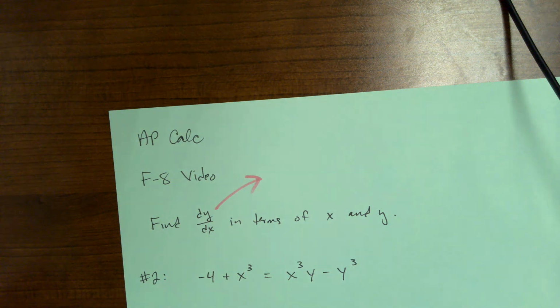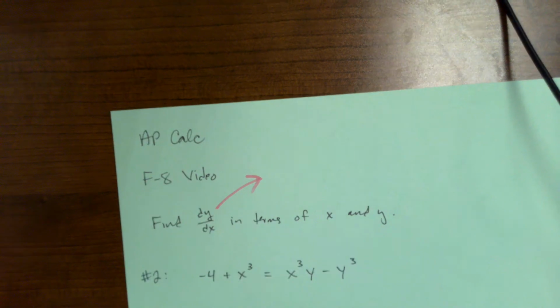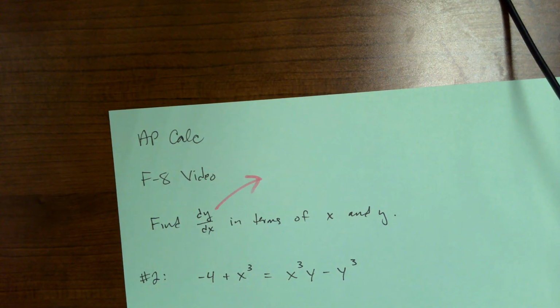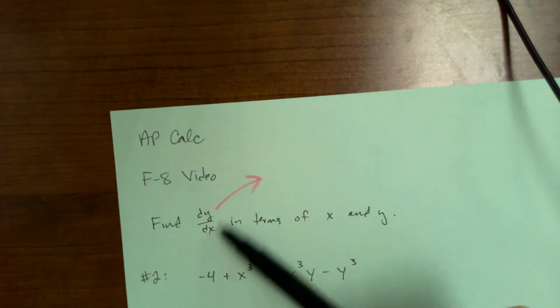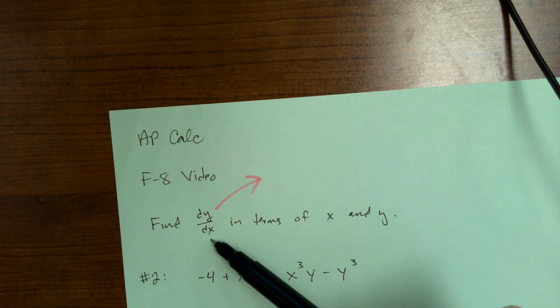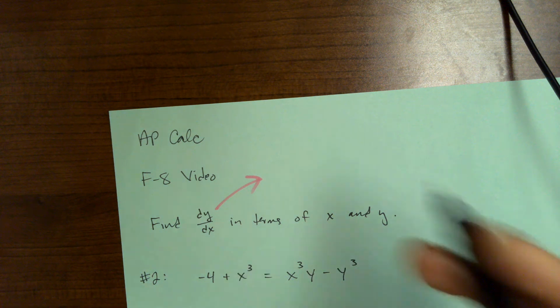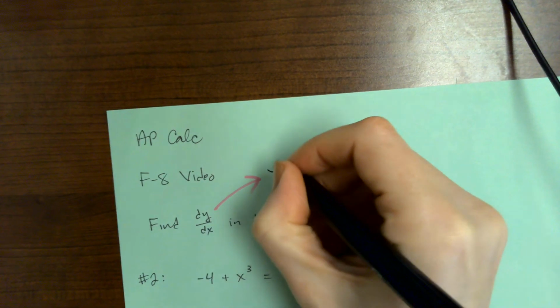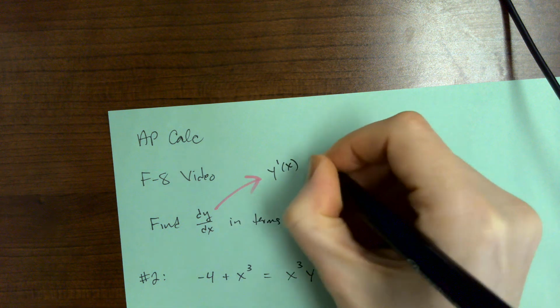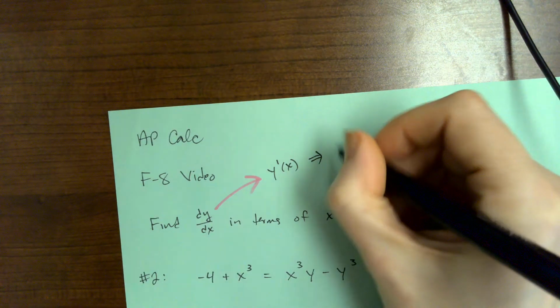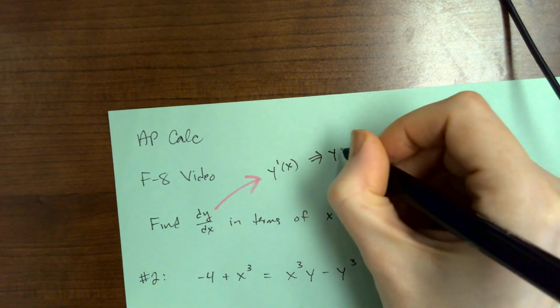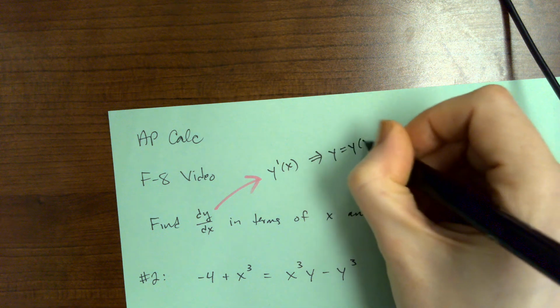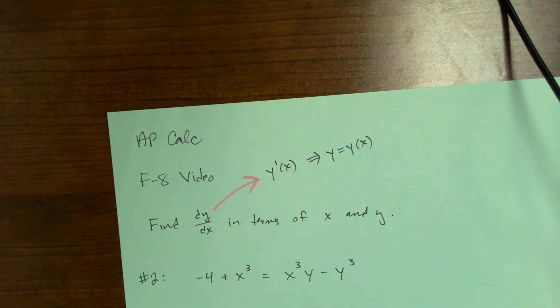and I guess this is maybe, I don't know if this is why they call it implicit differentiation, but I just use the word implying. Maybe that's why. So here, by asking us to find this, they are implying that that y is actually equal to y of x.